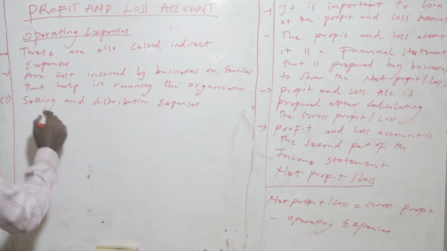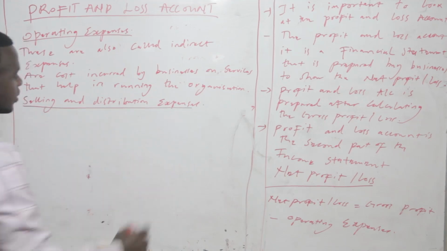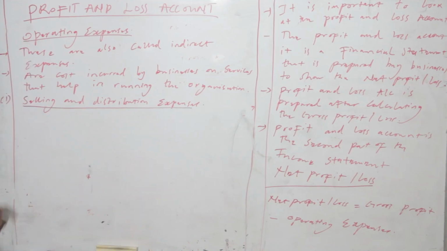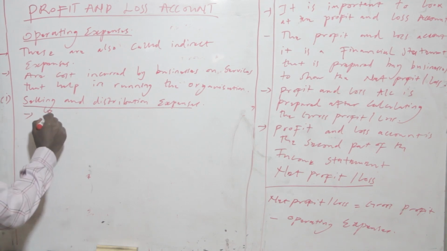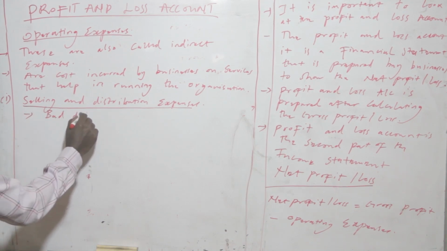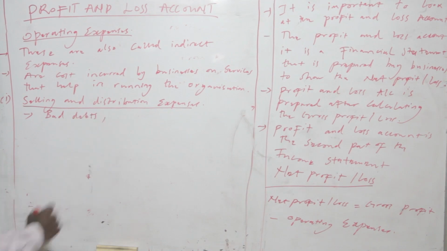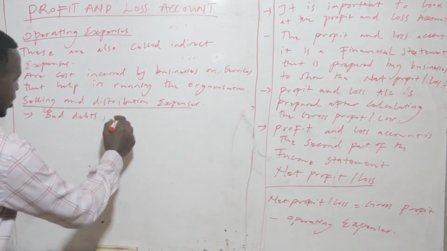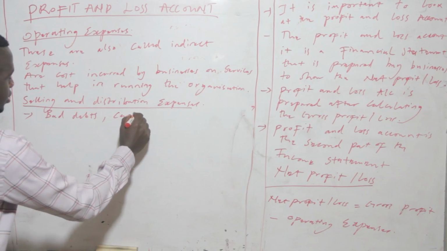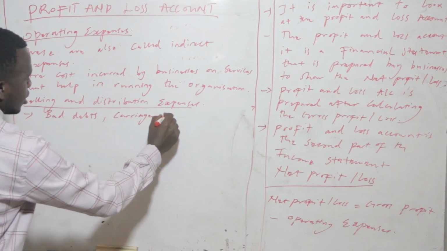So with this type of expenses, what are we talking about? Here we are talking about bad debts. We are also looking at carriage outwards.